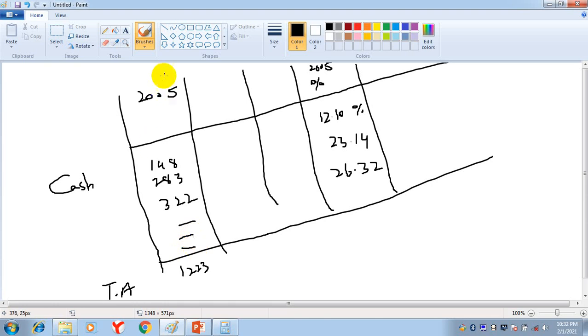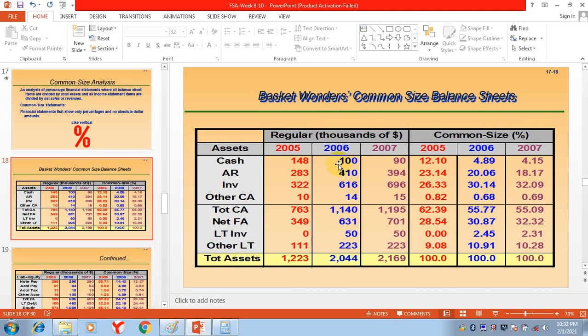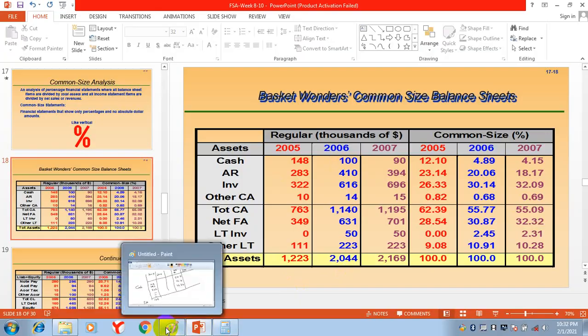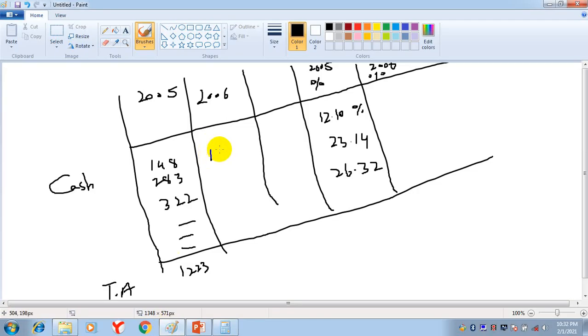Now come to 2006. Take the items of 2006 and write 2006 percentage. Take 100 divided by total assets, which is 2044.